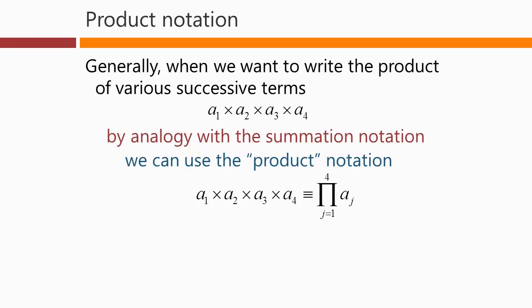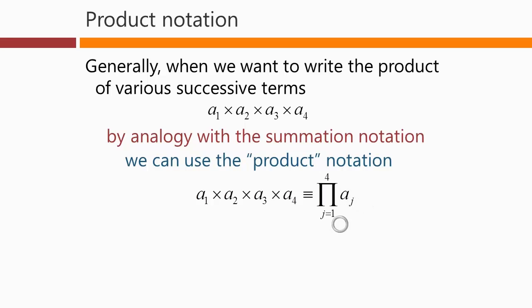And just as we used the Greek S, or sigma, uppercase sigma, for the summation notation, so for the product notation, we use the Greek uppercase pi, and we make a nice big one here, just as we did for the sigma in the summation. And otherwise, the notation is similar, but we must remember that this is the product of all of the terms.